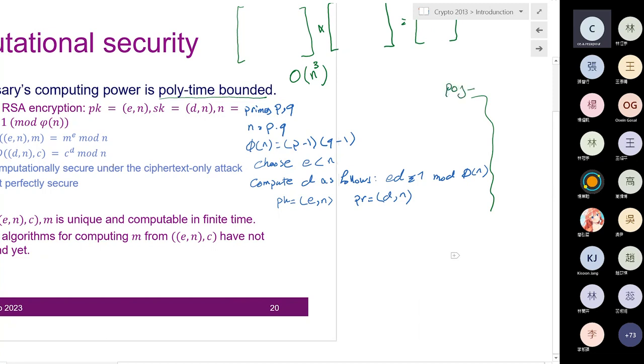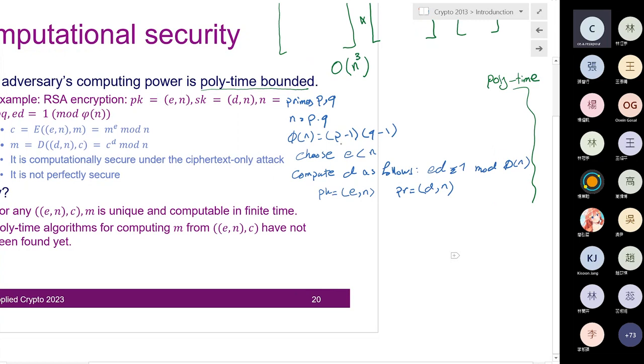Poly time. Because you know that multiplication is fast. This is again multiplication, and this is just like solving some sort of linear equation. So we can do all this computation in polynomial time, and we can do all of them quite fast.